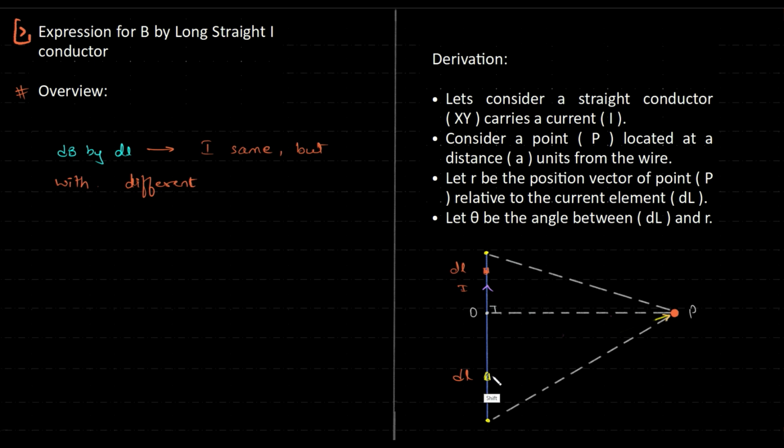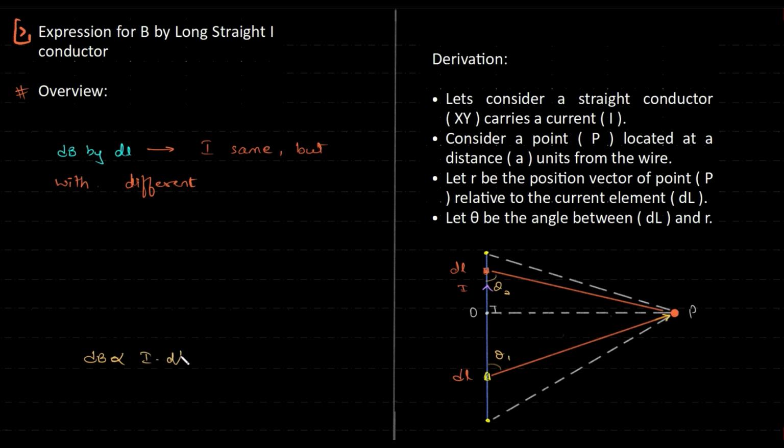Okay, let's see. This is your distance, and this is your distance. Will the distance remain the same or different? They will vary. What else will vary? If this is the angle theta 1 and this is theta 2, will it be the same? No, it won't be the same. So go back to the formula for dB. What is dB dependent on? dB is dependent on I, which is not changing.